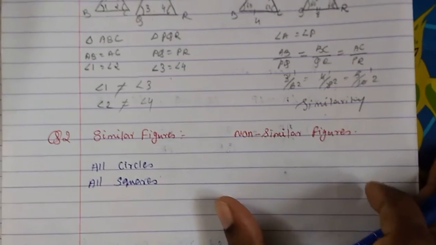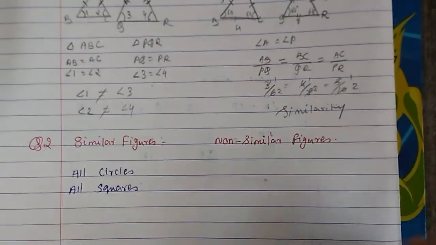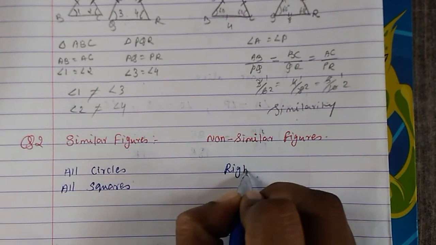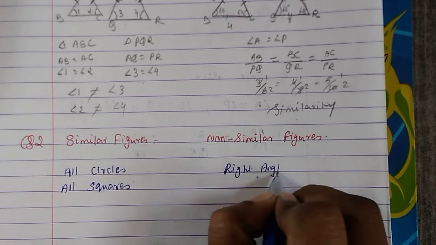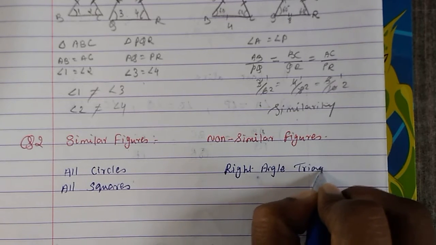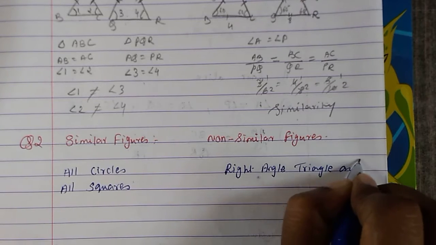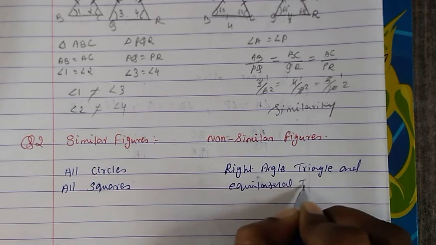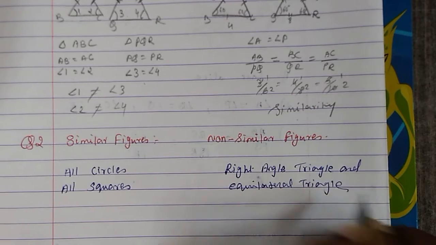For non-similar figures you can take these triangles: a right angle triangle and an equilateral triangle.